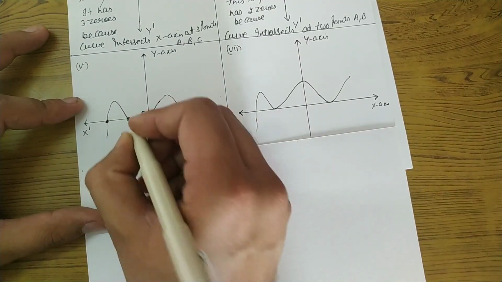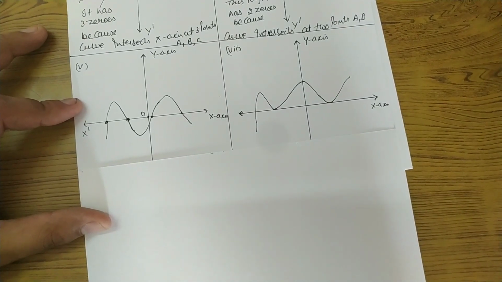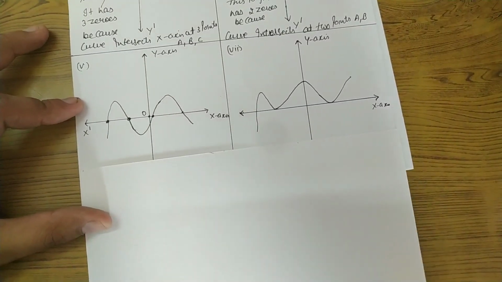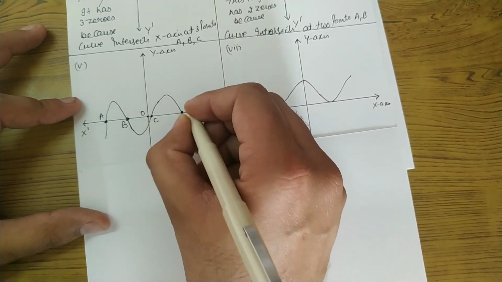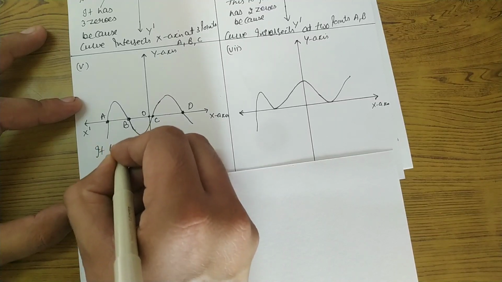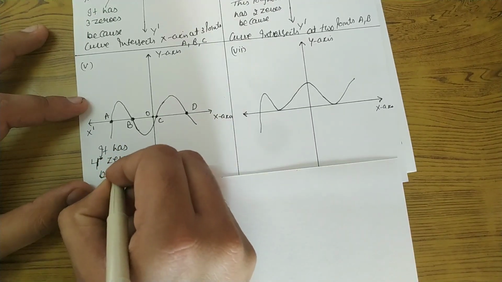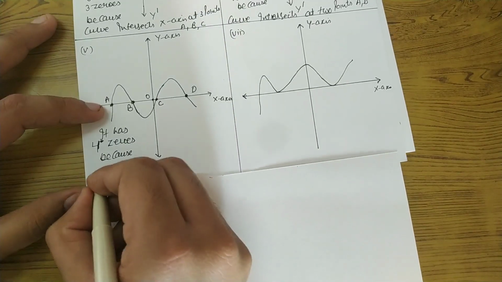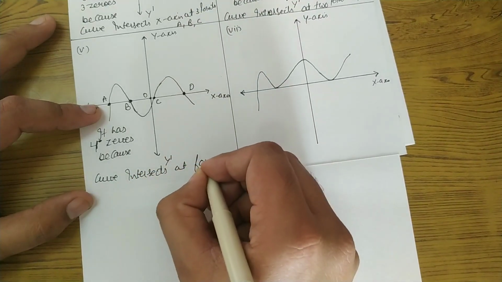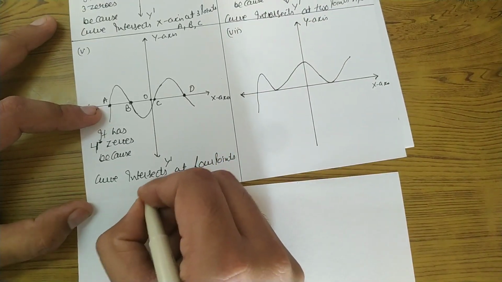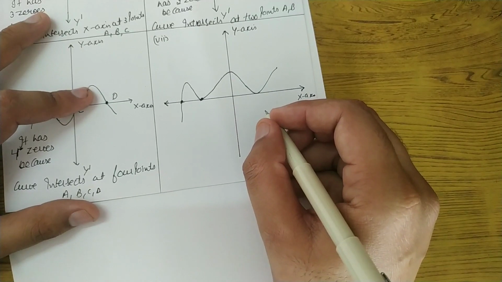In this graph, the curve is intersecting the x-axis at 4 points A, B, C, and D. So it has 4 zeros, because the curve intersects at 4 points A, B, C, D.